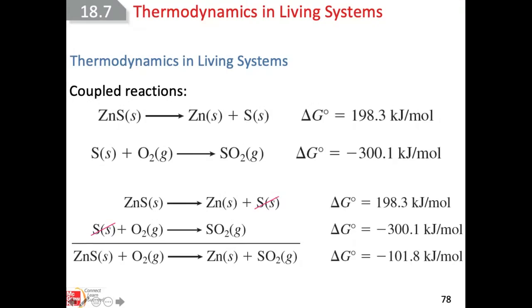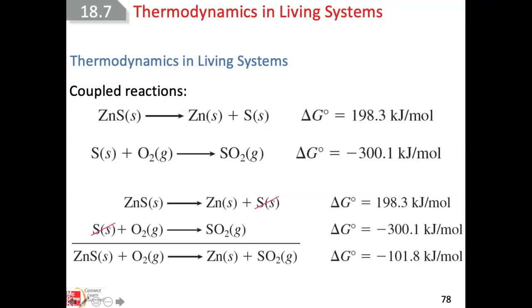As you can see, it's a positive delta G, so it cannot happen spontaneously. But when it's coupled with another reaction, which is actually spontaneous and has a negative delta G, then when both of them run together, the second reaction will enable the first one to happen also.